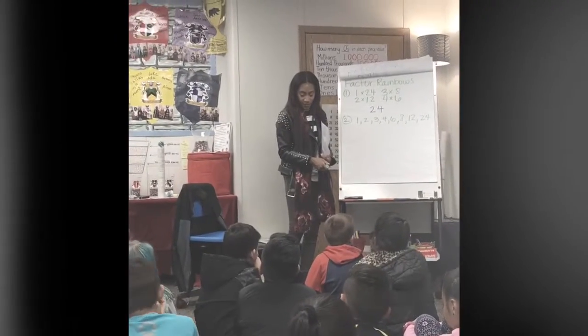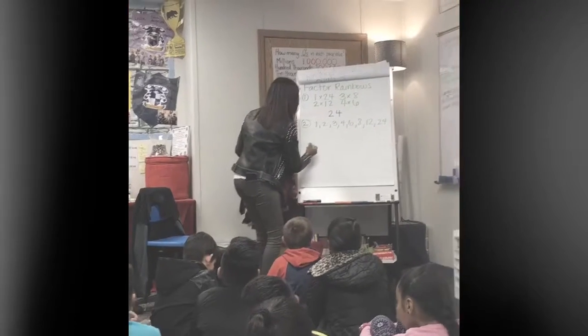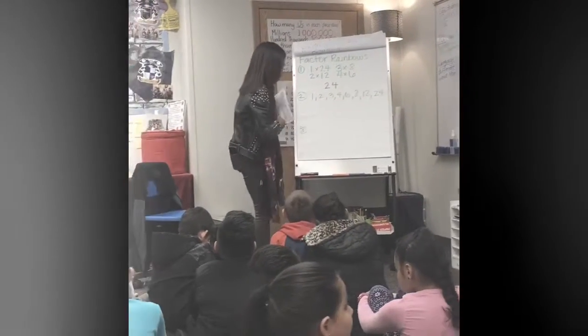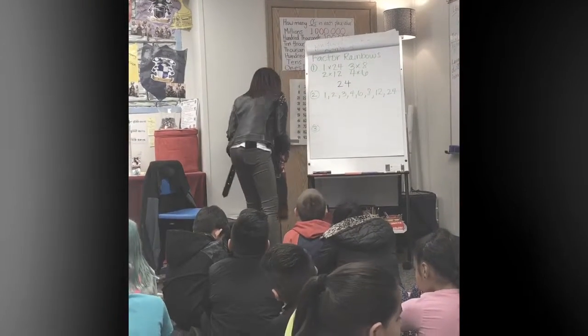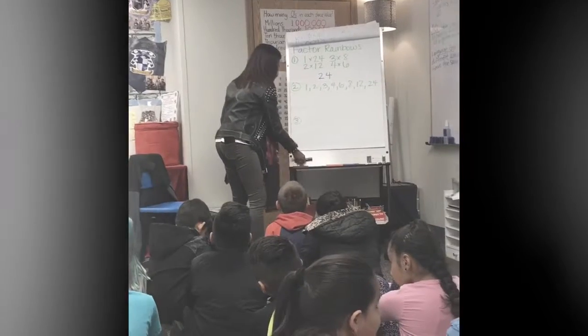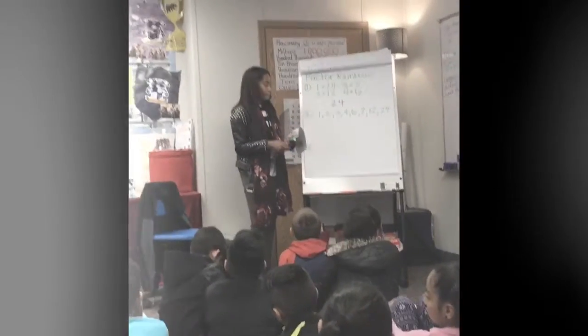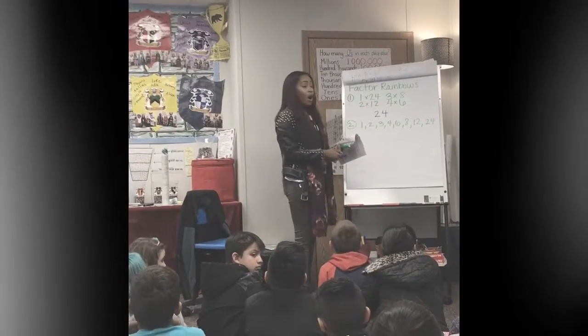You need some help? You want Trey to help you? Okay, Trey, fill in his thoughts. So, factor pairs, you know how we wrote 1 times 24? Here, we would draw a line from the 1 going all the way to the 24.